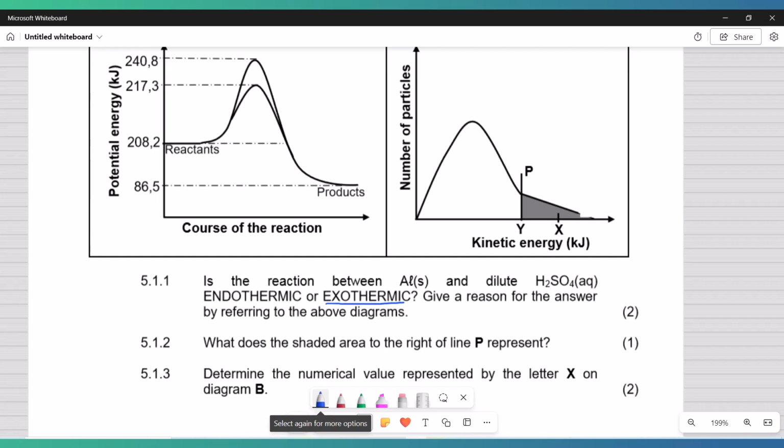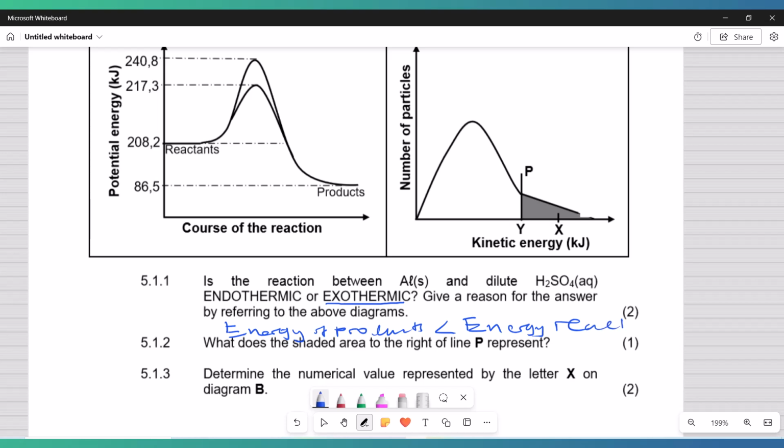Give a reason for your answer: because energy for the products is lower than energy for the reactants.